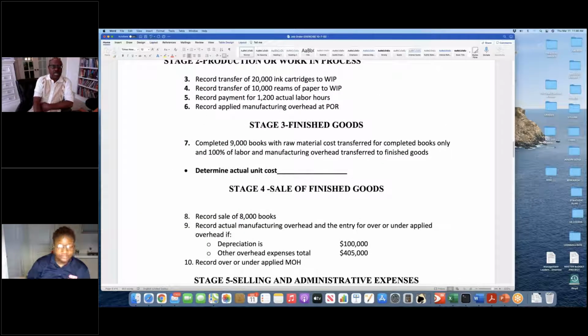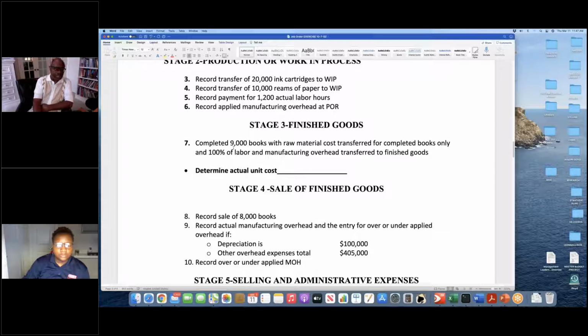Now it says we completed 9,000 books, with raw materials and cost transferred for the completed books only, and 100% labor and overhead.